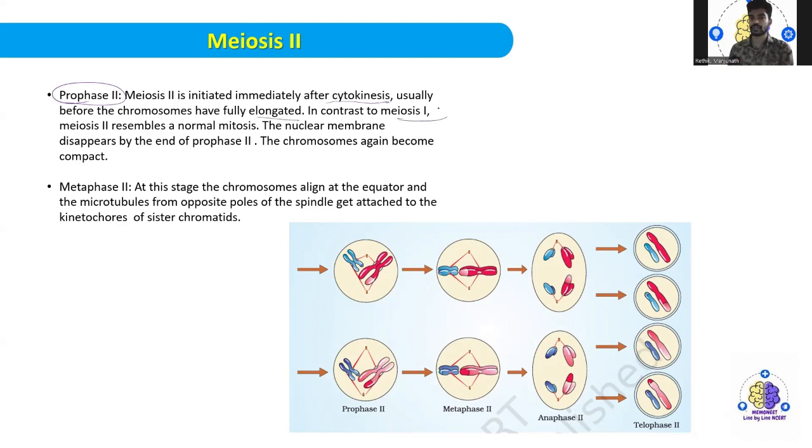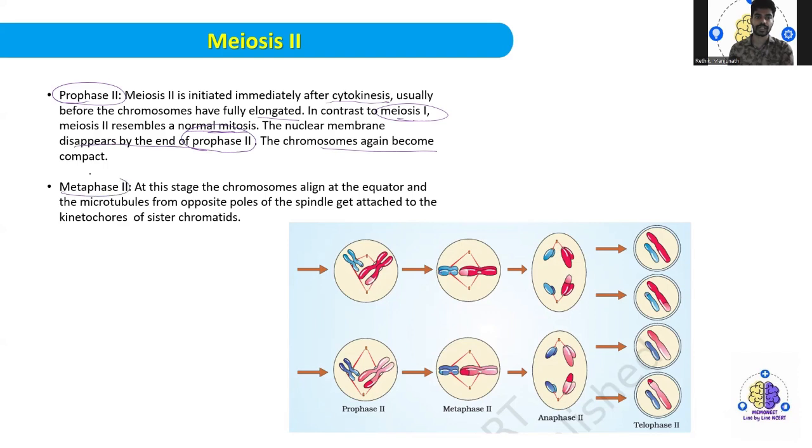After meiosis 1, meiosis 2 will occur, which is somewhat like meiosis 1 itself, but the nuclear membrane disappears by the end of prophase 2. The chromosomes again become compact.